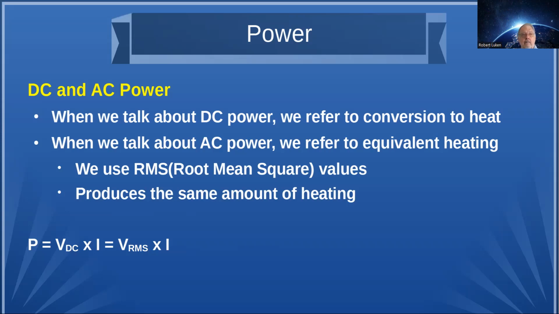So the 120 volt outlet in your house is 120 volts RMS, or equivalent to 120 volts DC. If you put 120 volts DC on that 100-watt light bulb, it's going to be just as bright and dissipate the same amount of power as 120 volts RMS, which is what you get out of your wall socket.